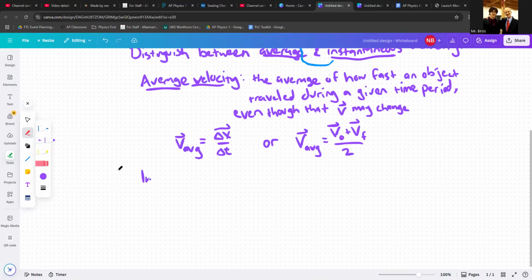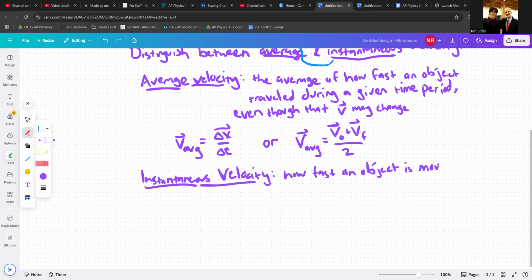That instantaneous velocity is just how fast an object is moving at one exact moment in time.